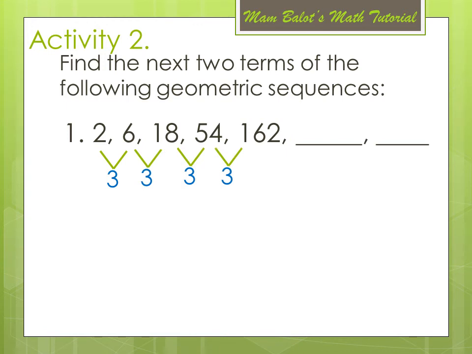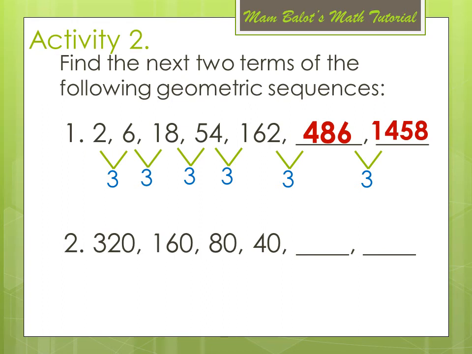So, therefore, to get the next term, we will multiply 162 by 3, and that is equal to 486. Multiply another 3, we get 1,458.